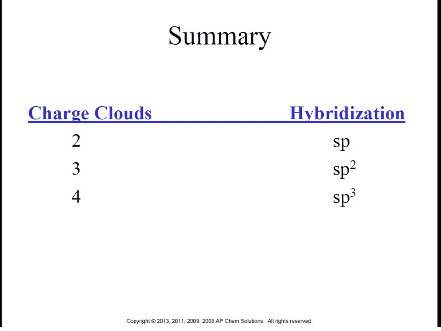Something with 3 charged clouds would be sp2. Something with 4 charged clouds would be sp3. Good way to remember this is just look at this number. If there's 4 things, s plus 3 p's would be 4. So 1 plus 3 is 4. 1 plus 2 is 3. And then 1 plus 1 would be 2.